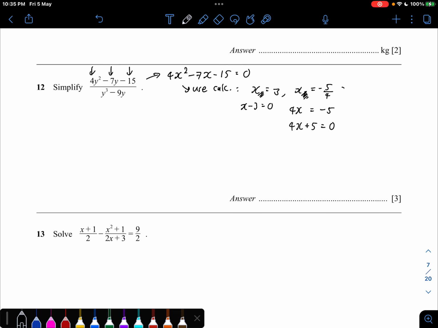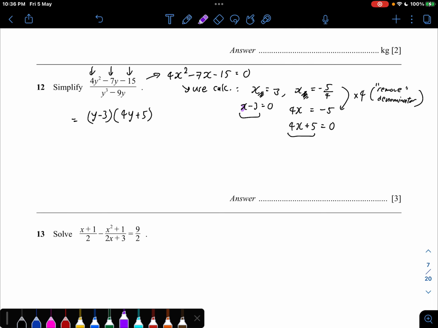Step by step: times 4, remove the denominator, then bring the -5 over, get 4x plus 5. So we got 4x plus 5 here, we got x minus 3 there. That means that instead of an x, we should replace them with a y. So we can factorize our numerator as y minus 3, bracket, and 4y plus 5.